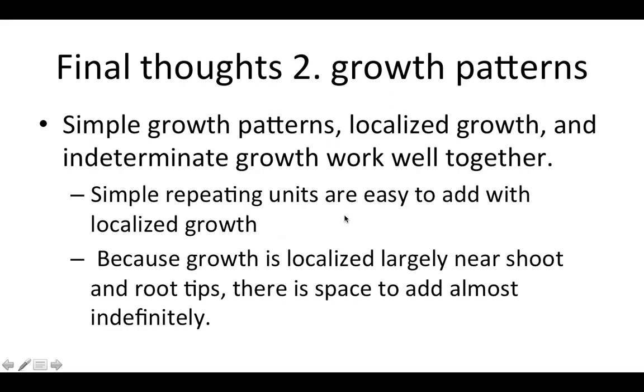One part of the plant, in other words, a meristem, can make repeating units like leaves without having to coordinate that growth with other parts of the plant. If it was complex growth, then that would be much harder to do without some more complex coordination.